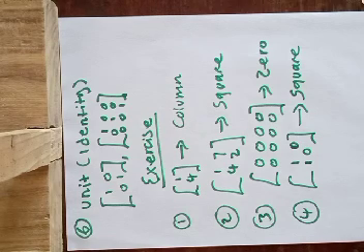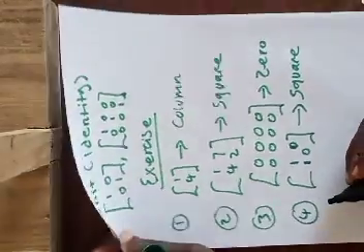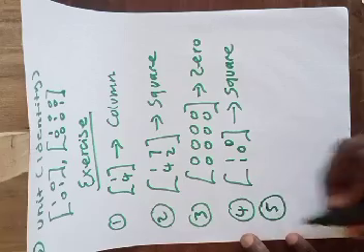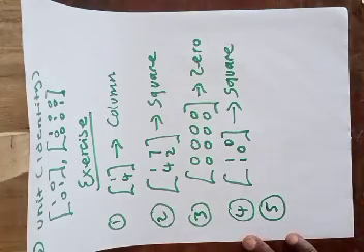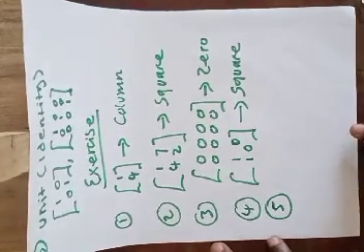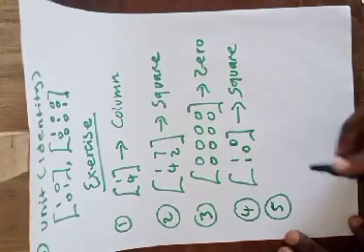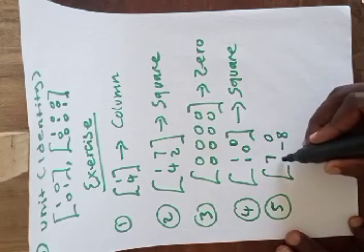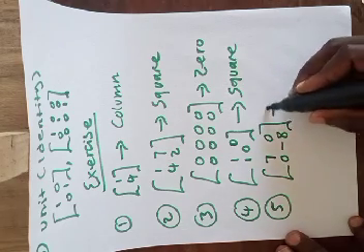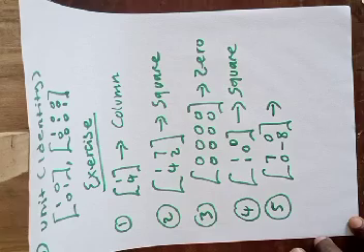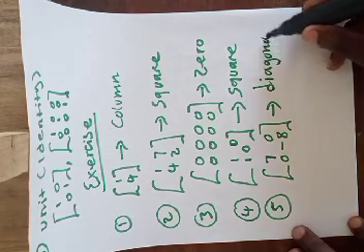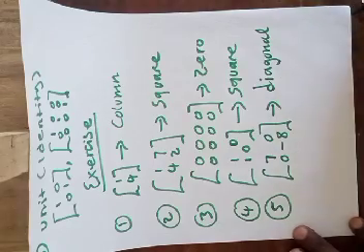Okay. The last one, let's do the last one together. I hope this will fit here. So the fifth one here, let's look at something that is in the form of 7, -8, 0, 0, like that. What is this called? Yes, thank you so much. This is a diagonal matrix. Thank you so much. This is a diagonal matrix.